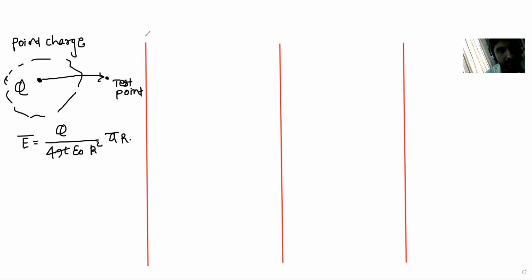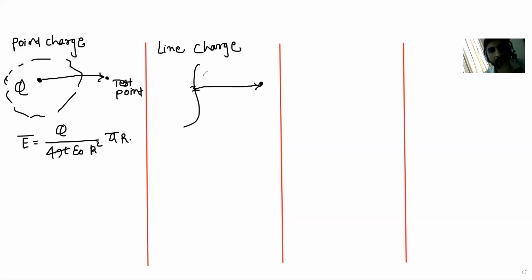But if in case given charge configuration is a line charge, then you have test point somewhere here, and you are having a charge configured as this line, right? So in that case, you have to select a small segment on this and consider this as a point charge.